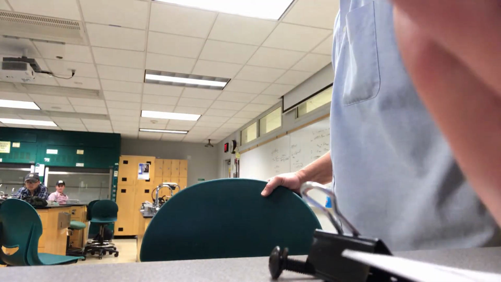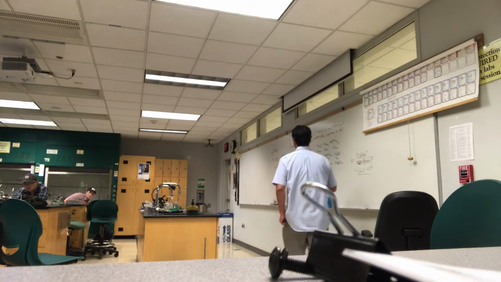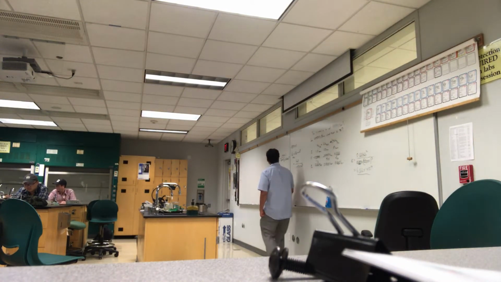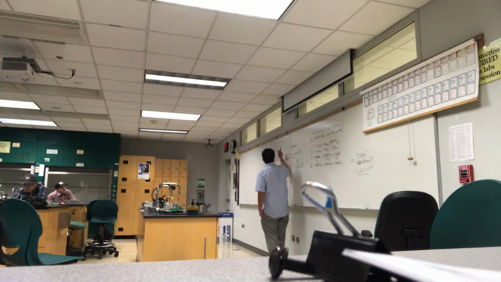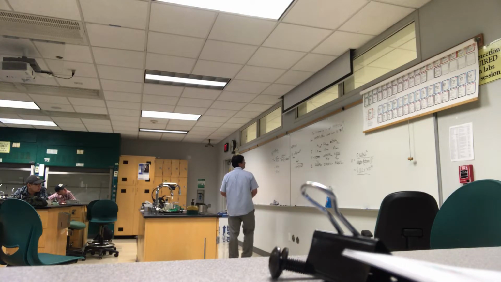Everything seems to look okay: I have my delta G, I have my R, and I have my K. Everything looks good, but it isn't good. It's bad. Why? It's because of delta G naught.